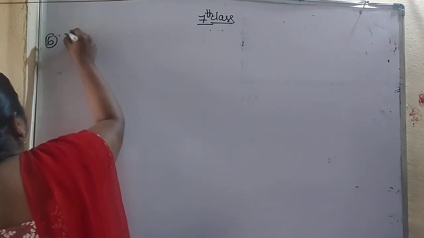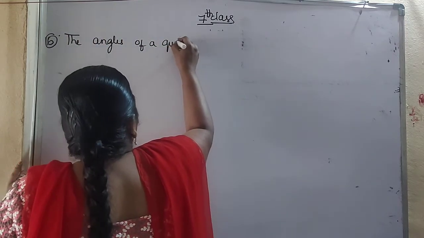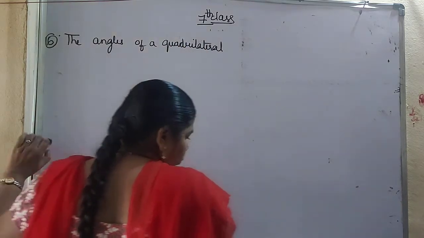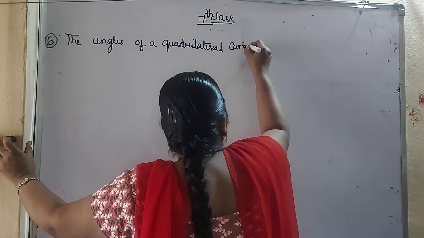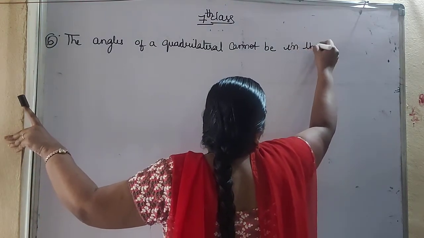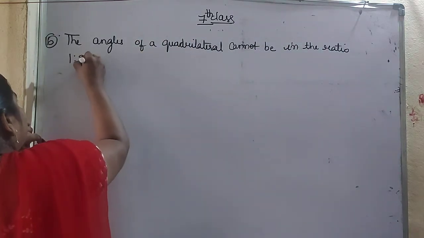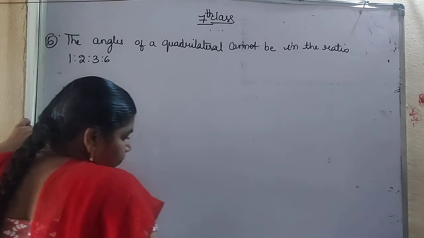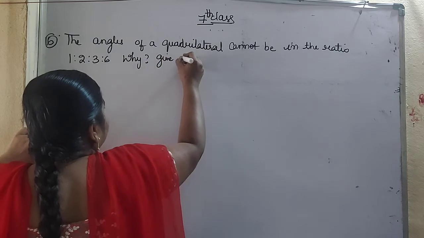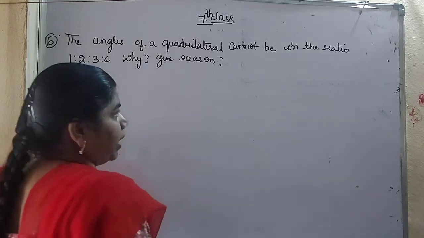The angles of a quadrilateral cannot be in the ratio 1:2:3:6. Give reason. So why it can't form a quadrilateral, we have to find.